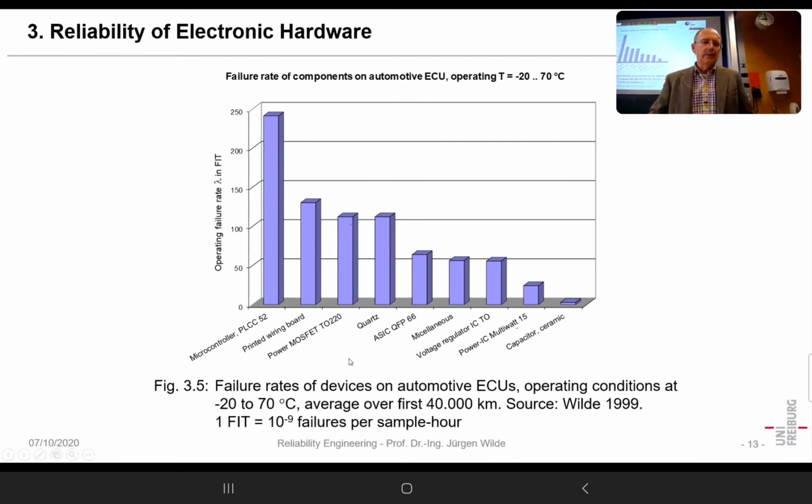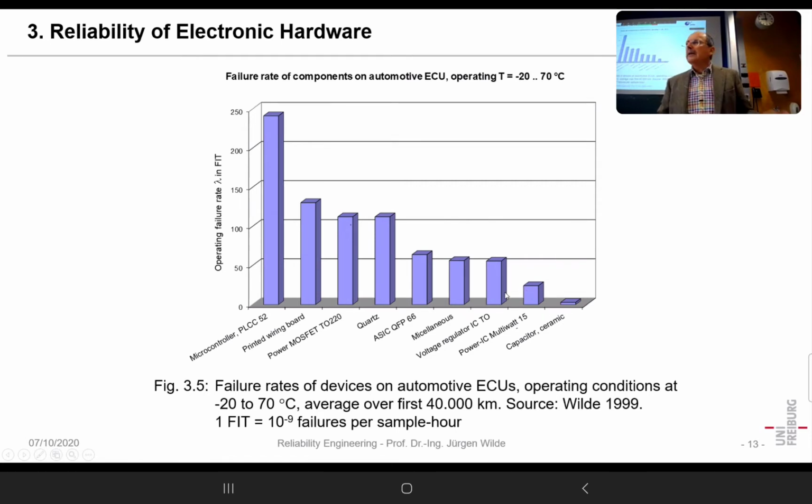It's similar when you look at the power MOSFET. The power MOSFET is a really primitive device. The voltage regulator is similar. So one has 110, the other has 50.